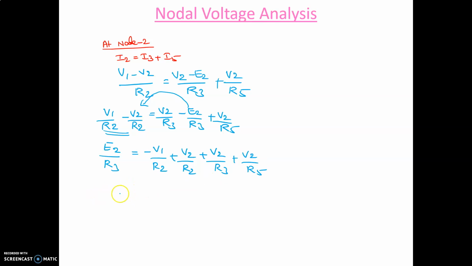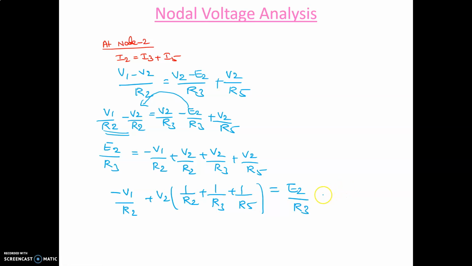So this will be minus V1 by R2 plus V2 of 1 by R2 plus 1 by R3 plus 1 by R5, which is equal to E2 by R3.